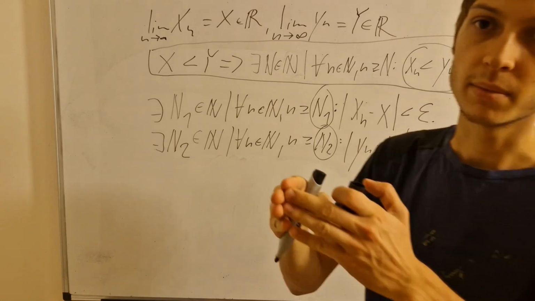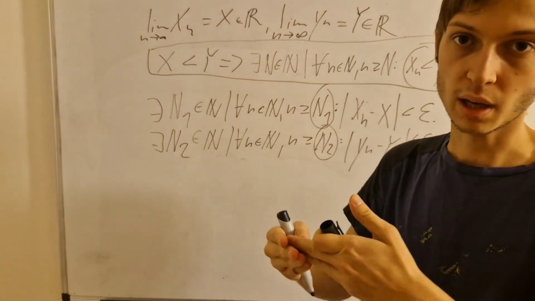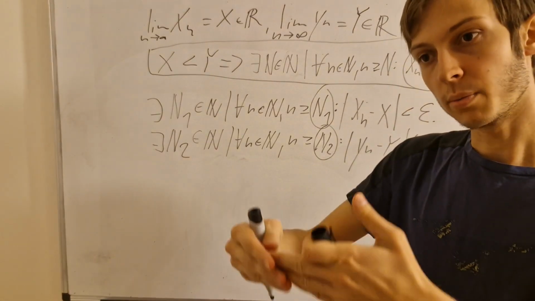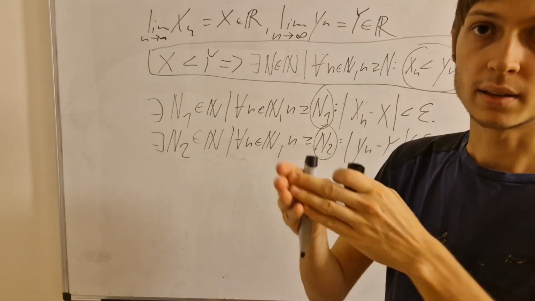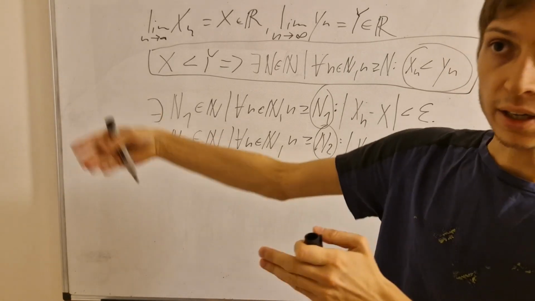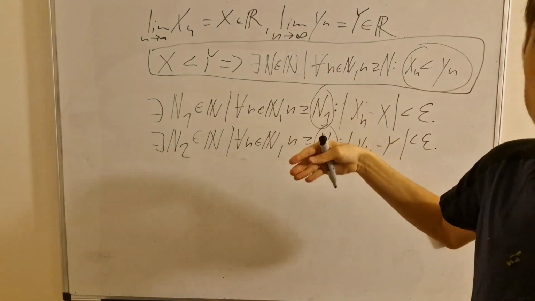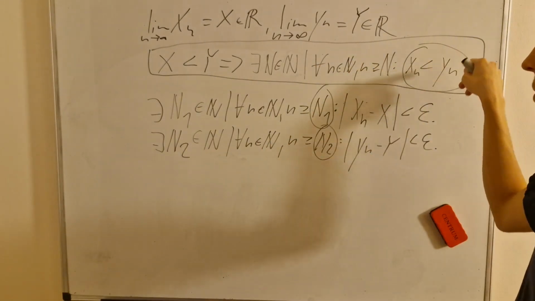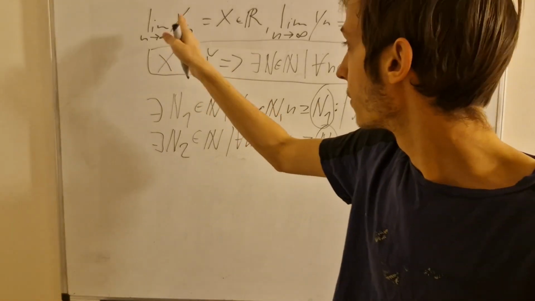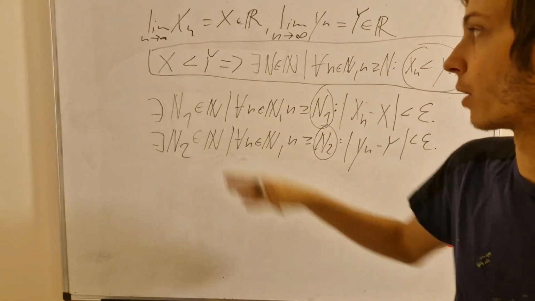So there will be some natural number, because sequences take natural number inputs, such that this natural number and all natural numbers higher than it will yield that the terms x_n and y respectively are in this relation, x_n smaller than y, if the limit value X is strictly lower than Y.